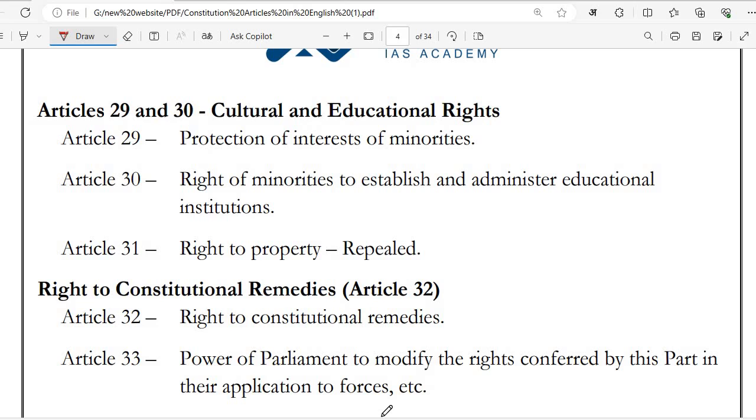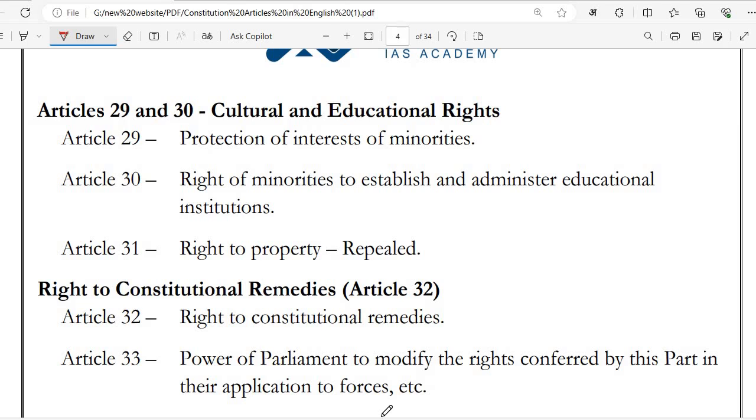Article 31 and Article 19 included the right to property. Now it has been repealed from this part. Right to constitutional remedies, this was the last fundamental right, Article 32.